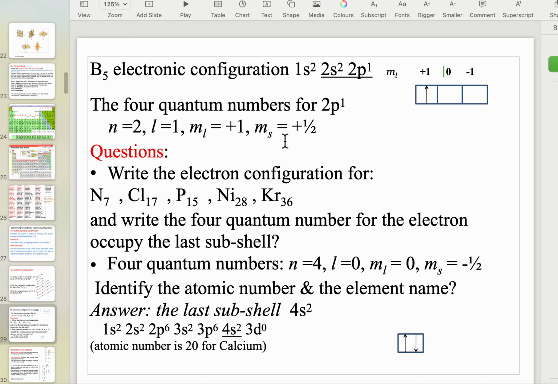And ms is the spin quantum number. Standing clockwise, it's plus half.